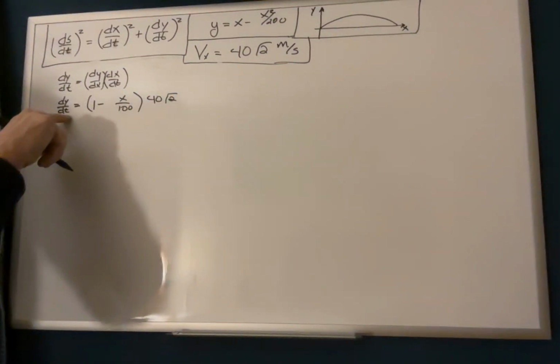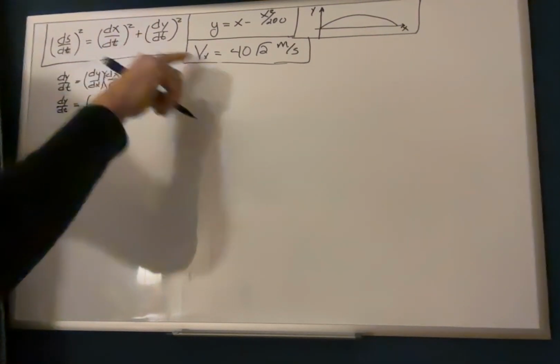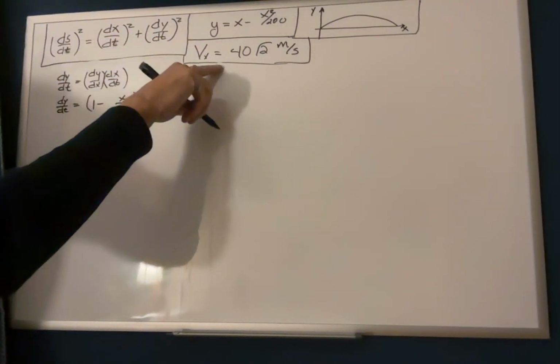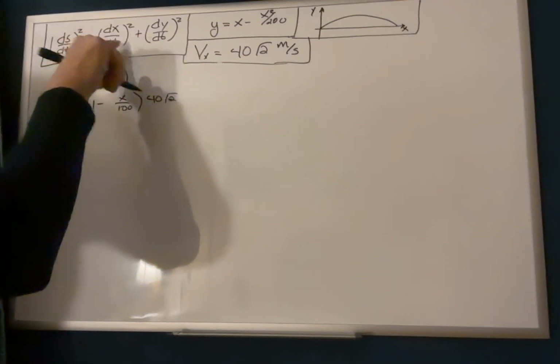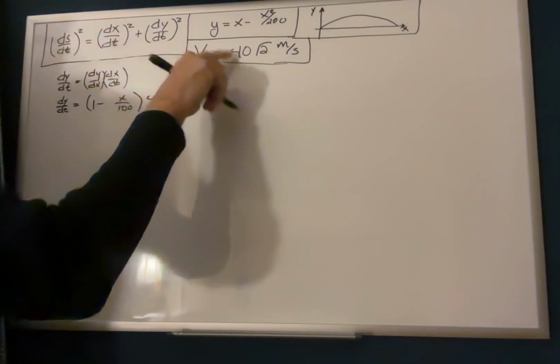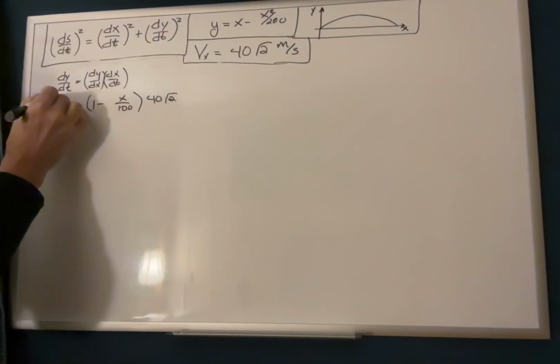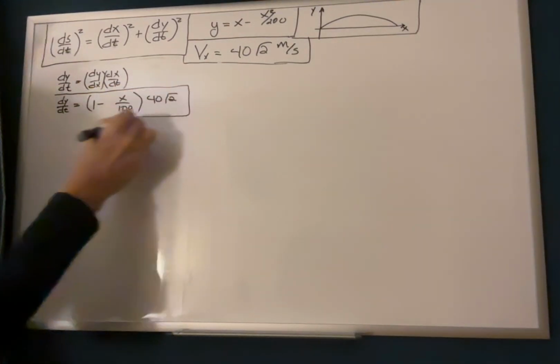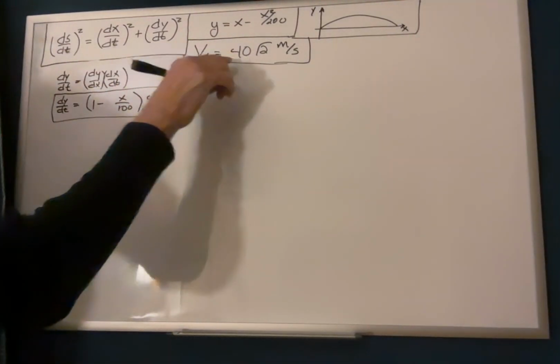So this is our dy/dt, which is going to go right in here. So now we know dx/dt, which is this, and we know dy/dt. So we got these two. Very important.